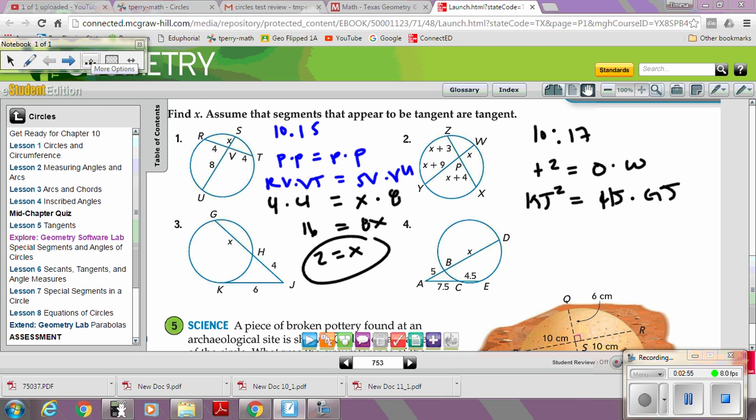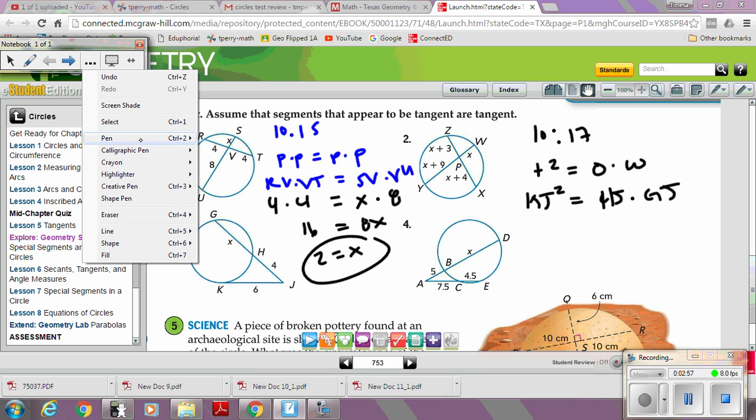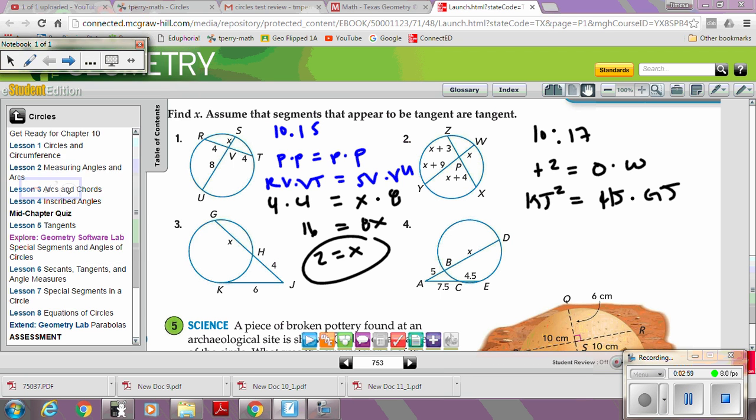If I replace it with the actual information, KJ is 6, so that's 6 squared, is equal to HJ, which is 4, times GJ. Part of GJ is x, the other part is 4, so the whole thing is x plus 4.